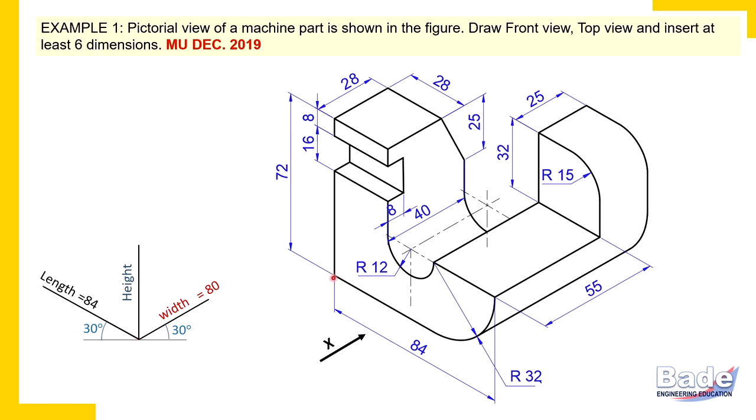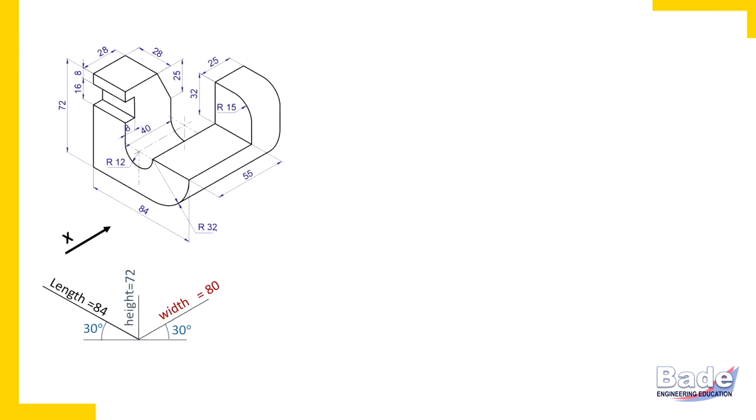From bottom to top, the dimension is already given, 72 millimeters. So we didn't face any difficulty in identifying overall dimensions. Now with these dimensions, width 80 millimeters, length 84 millimeters and height 72 millimeters, we'll construct a rectangular block here.